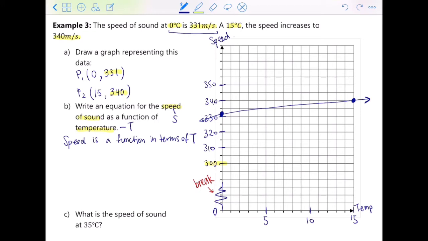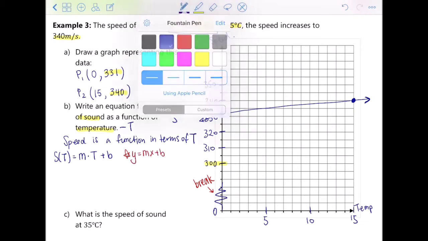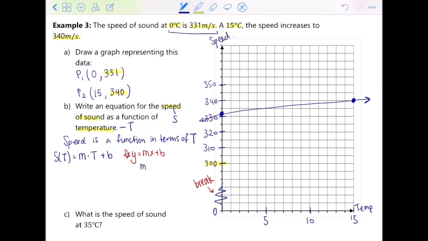Now we can set up our function notation. So S in terms of T equals m, the slope, times the independent variable T plus b, which is the y-intercept. So this is just from y equals mx plus b form. We're just replacing the variables. Let's first note what slope is in this case.